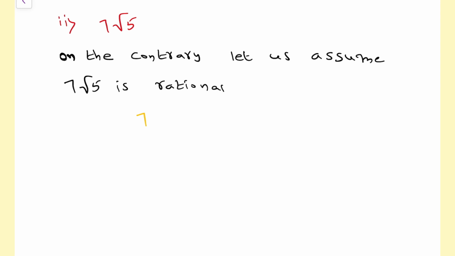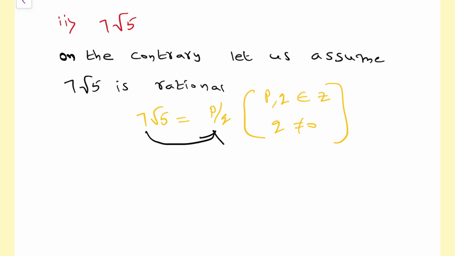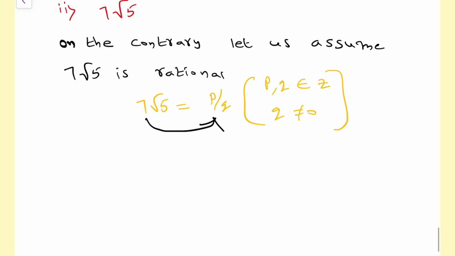So 7 root 5 equals p by q, where p, q belong to integers, q not equal to 0. Take 7 to the right side. Here it is multiplication, so if we take it to the other side it becomes division. So we will get root 5 equals p by 7q.